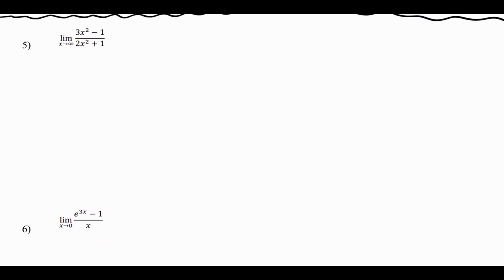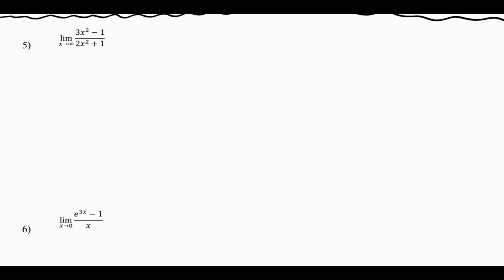Number 5 is different because it's no longer a value. It's infinity. How do we deal with limits that approach either positive infinity or negative infinity? What were the rules there? It has something to do with the exponents.